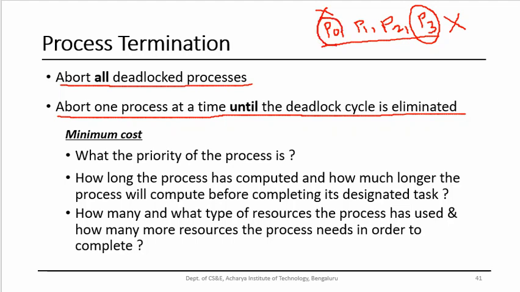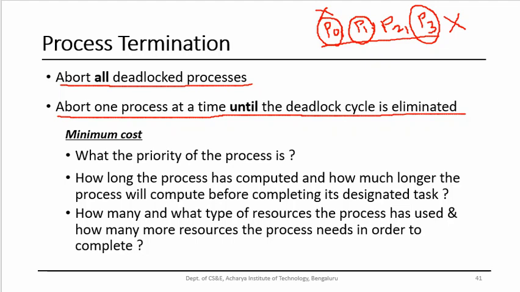Abort the process P0 and run the deadlock detection algorithm. If the deadlock exists, then you abort the process P1 and so on. So what is the problem here? You will have to identify which process is going to be aborted first. How can we select a process to abort?